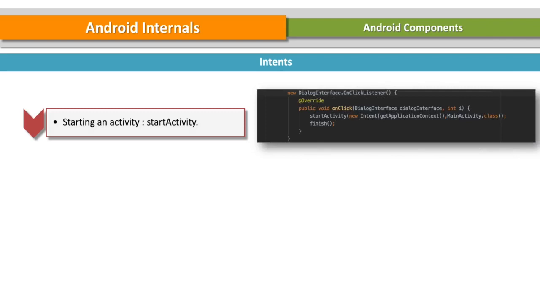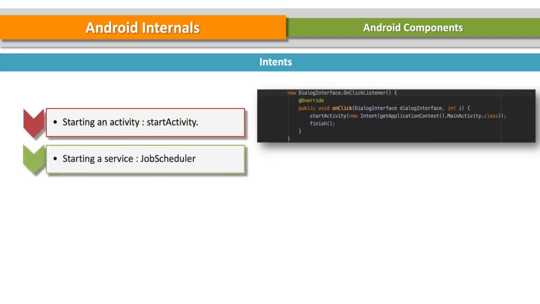You can start a new instance of an activity by passing an intent to start activity. Then, the intent describes the activity and carries the necessary data. Starting a service. A service is a component that performs operations in the background without a user interface. Starting with Android 5.0 and later, you can start a service with Job Scheduler.